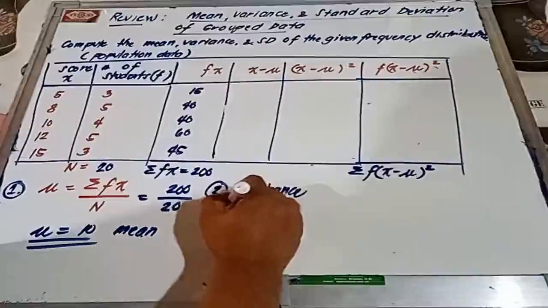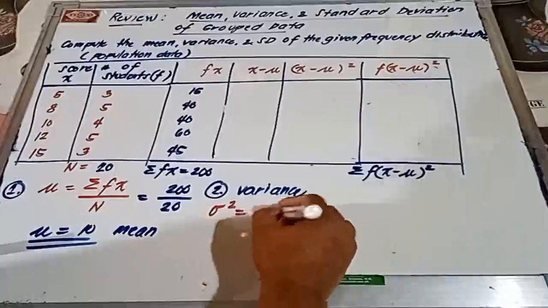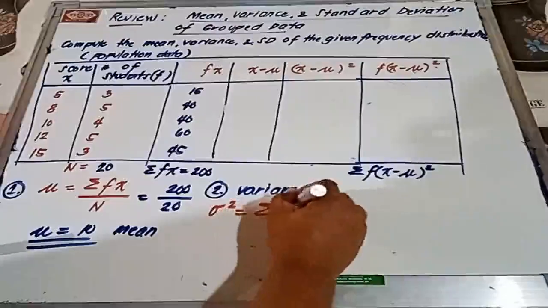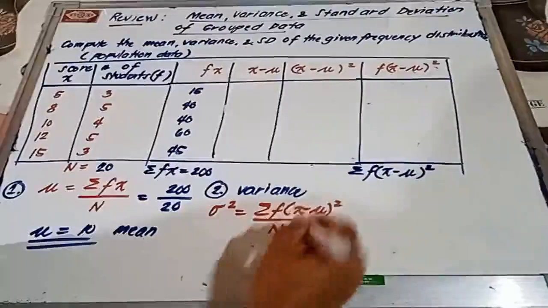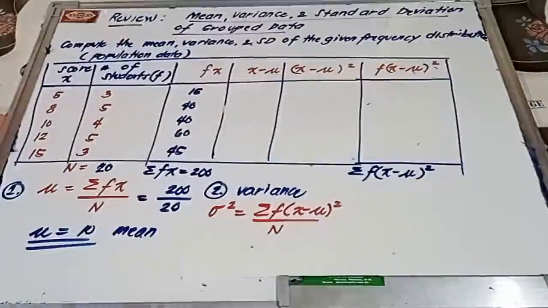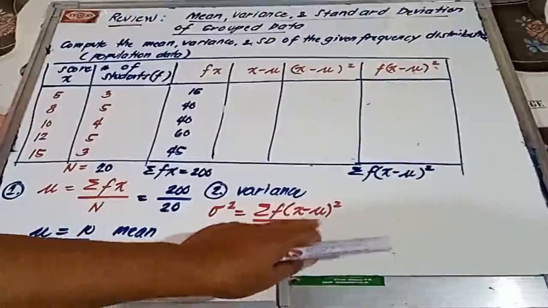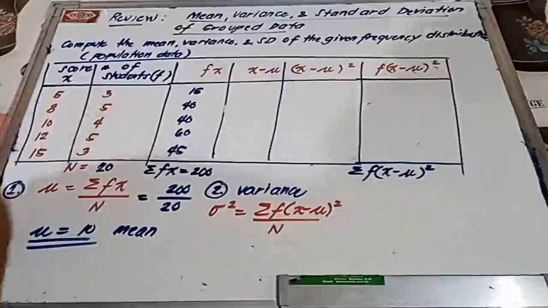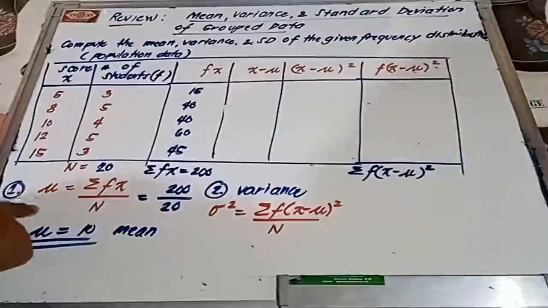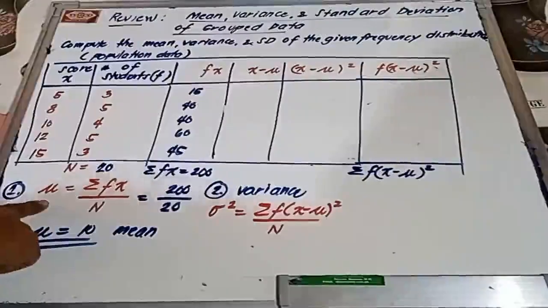We use sigma. Sigma is summation of f(x minus mu) squared all over N. Okay. So, ibig sabihin, kailangan muna natin i-determine yung x minus mu. X minus mu is the difference of this score to our population mean.